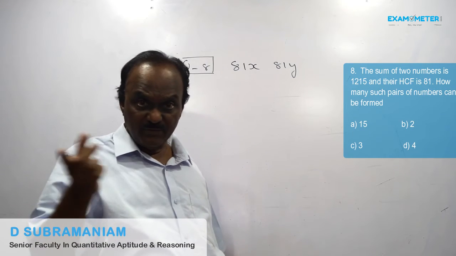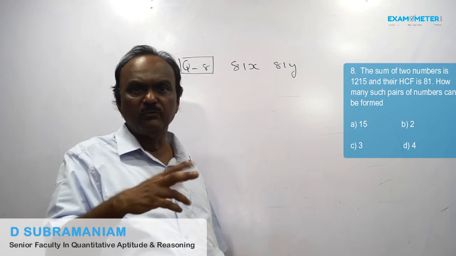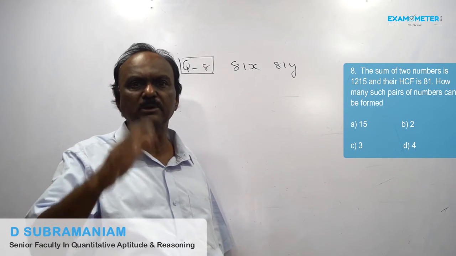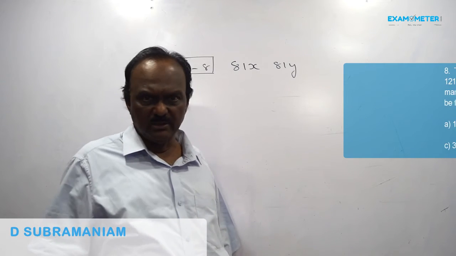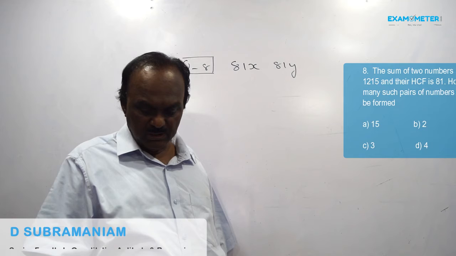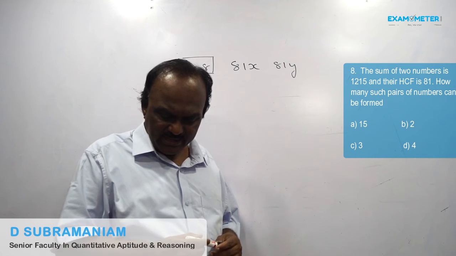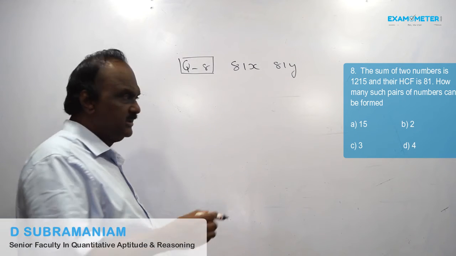I have told you previously what is the meaning of co-prime. They should not have any common factor except 1. That's the meaning of co-prime.